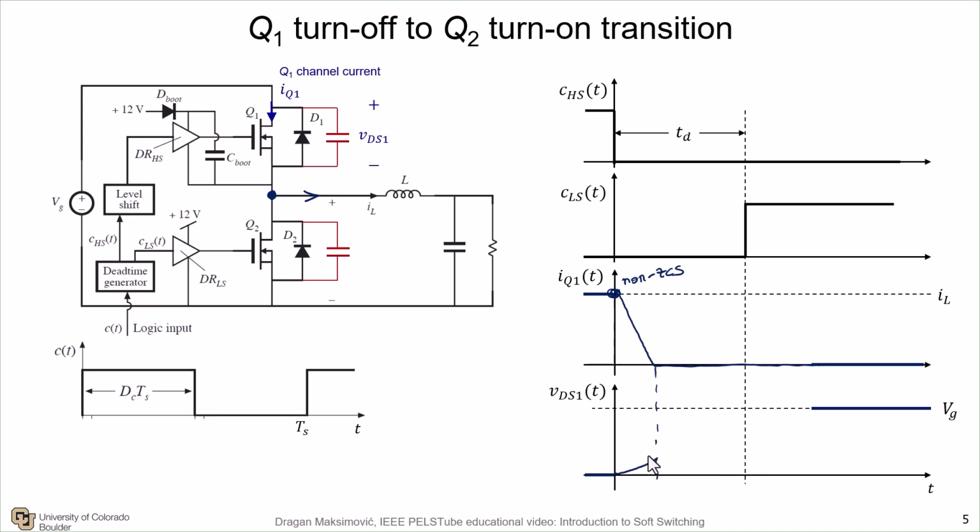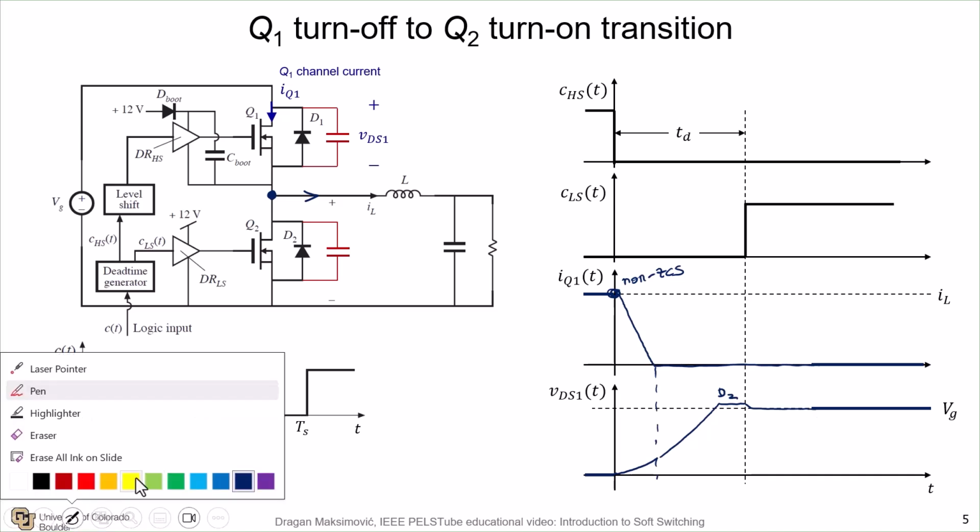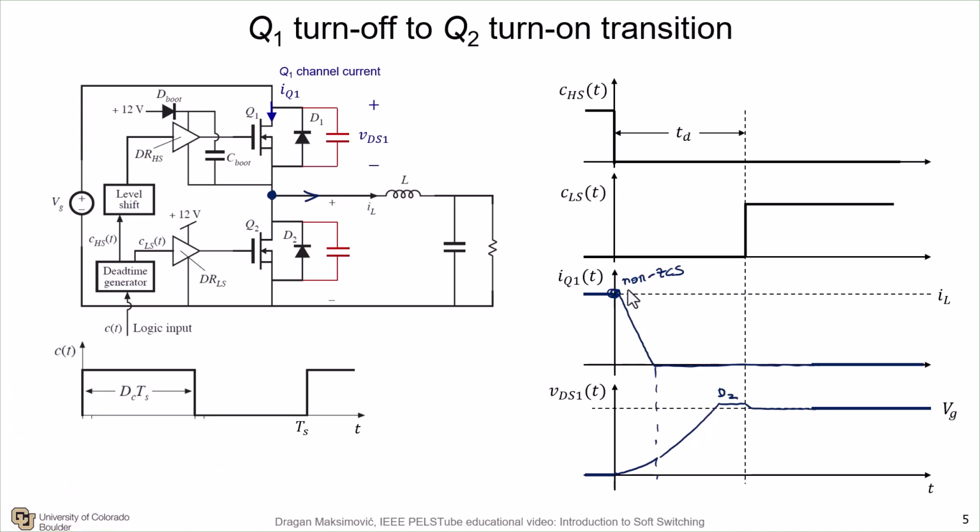Once the current has dropped down to zero, the switch node voltage continues to increase because the capacitances are being charged up or discharged until we have D2, the body diode of Q2, turning on. At that point, we can turn on Q2 and we have the final state after the transition. So let's look at the nature of the transitions here. First of all, we say, hey, Q1 is not turning off at zero current.